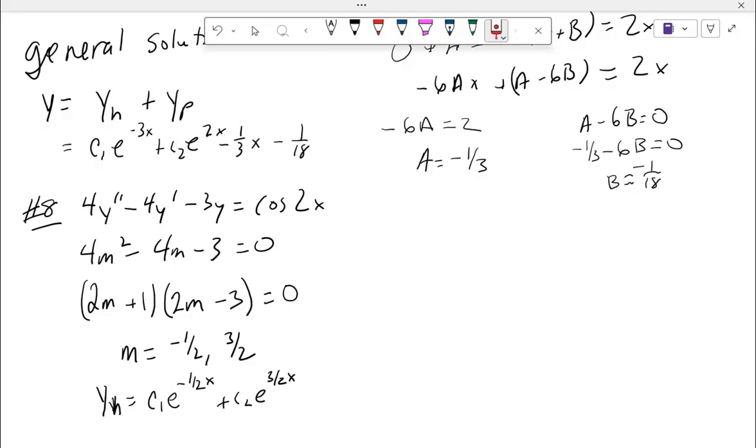Do you think I'm going to use powers of x here when I have a cosine on the right-hand side? No, that's probably not going to work, because if I take derivatives of powers of x, I get powers of x, right? So what function or functions do you think we might want to consider, since we know we need to end up with cosine of 2x when we're done? Yeah, a sine and a cosine is probably what we need to use, right? Derivative of sine certainly gives me a cosine. Second derivative of cosine also gives me a cosine, right?